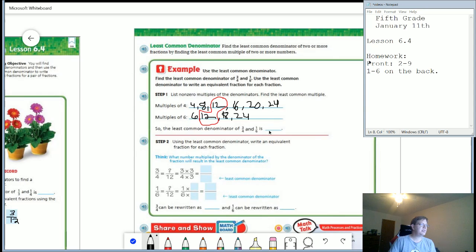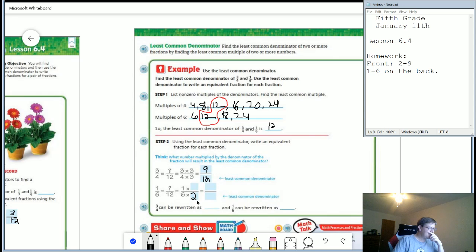And so as we keep going, we are going to use this multiplication strategy again, this time to get to fractions that are parts over 12. So I can do 3 times 3, that's going to give us 9. 4 times 3 is going to give us 12. Think about how many times we can count by 6 to get to 12.